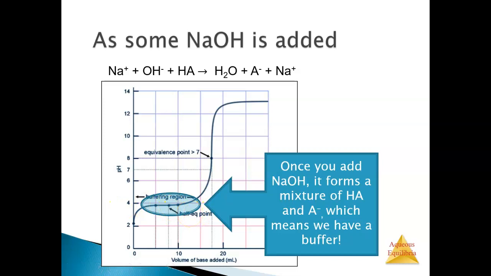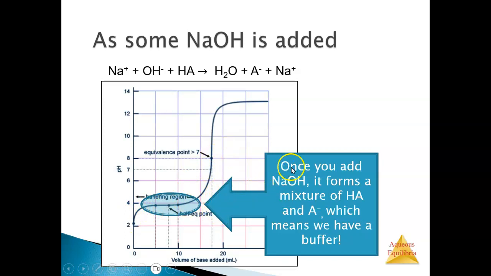I have both the acid and its conjugate that has been made by the reaction. And that means anywhere along this line, in between the initial point and the equivalence point, I can actually find these pHs using buffer math. I could use the Henderson-Hasselbalch equation, or I could use the H+ equals Ka times acid over base equation. I have a buffer in this whole region in between initial and equivalence point.